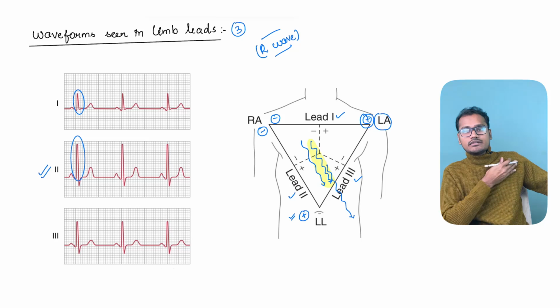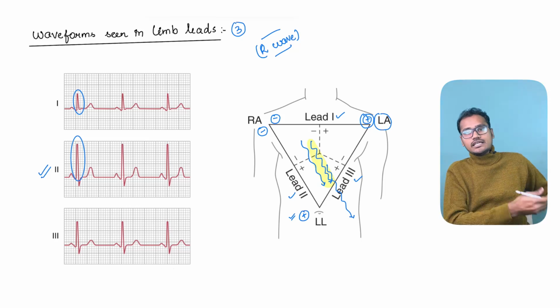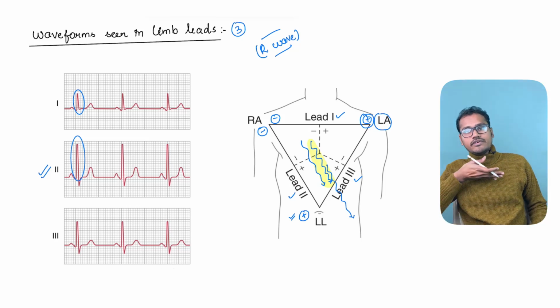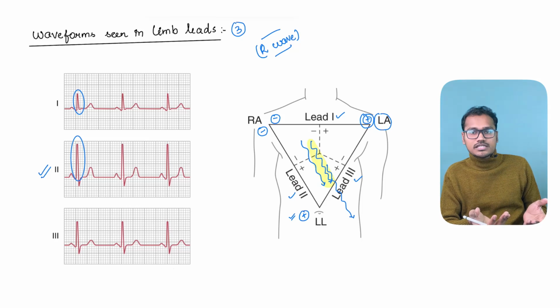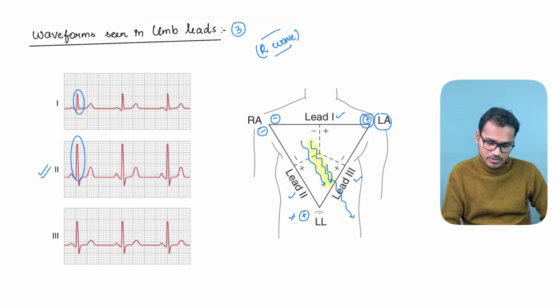So the R wave will still be positive, but it will be smaller in amplitude, as you can see here.